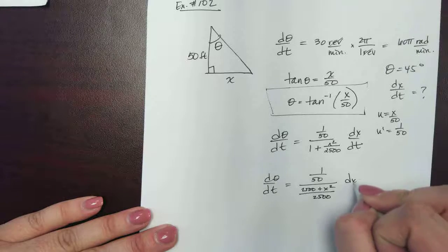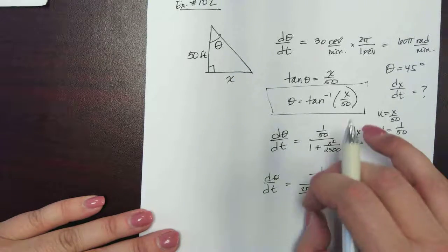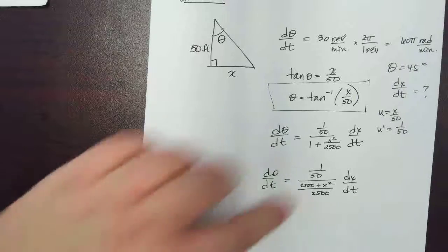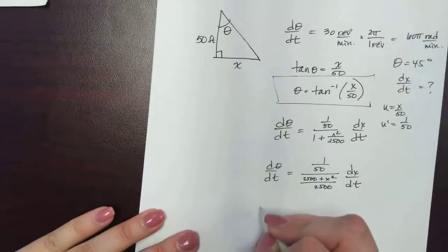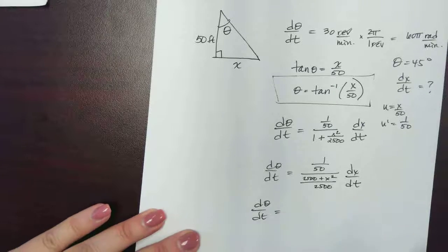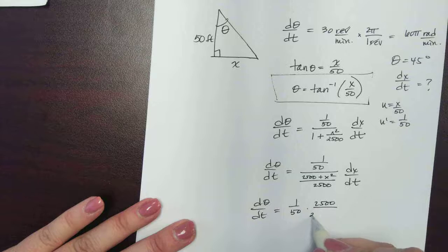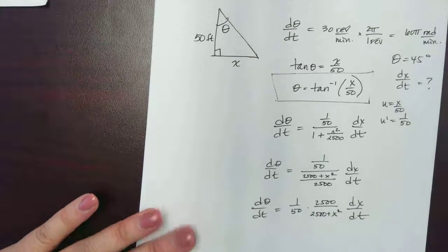I can bring the 1/50 out front, times dx dt, but now I have a fraction over a fraction. There are a bunch of different ways you can do it. I can just cross it out. So d theta dt is equal to 1 over 50 times 2,500 all over 2,500 plus x squared, times dx dt.